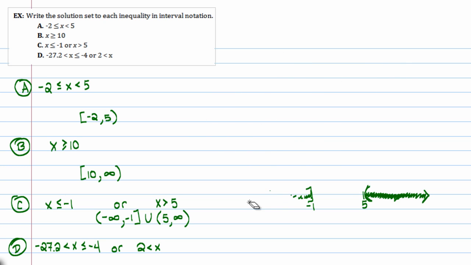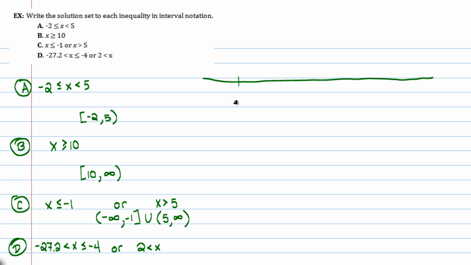And what I'll do is I'll try to graph out the first interval that was given to me. So let me go ahead and draw a number line here. And if I put on -27.2, and here I'll put on -4, and here I'll put on a 2. Notice that I'm not really putting it in relative position to one another.